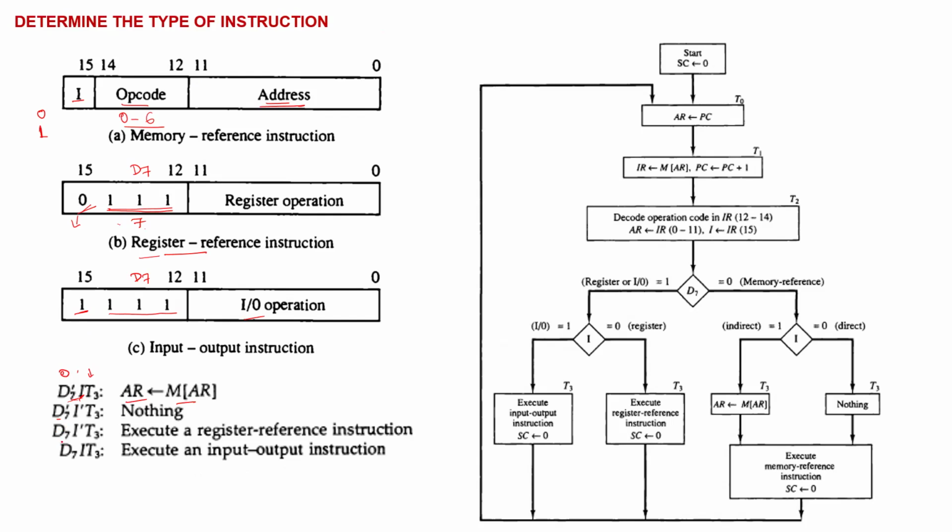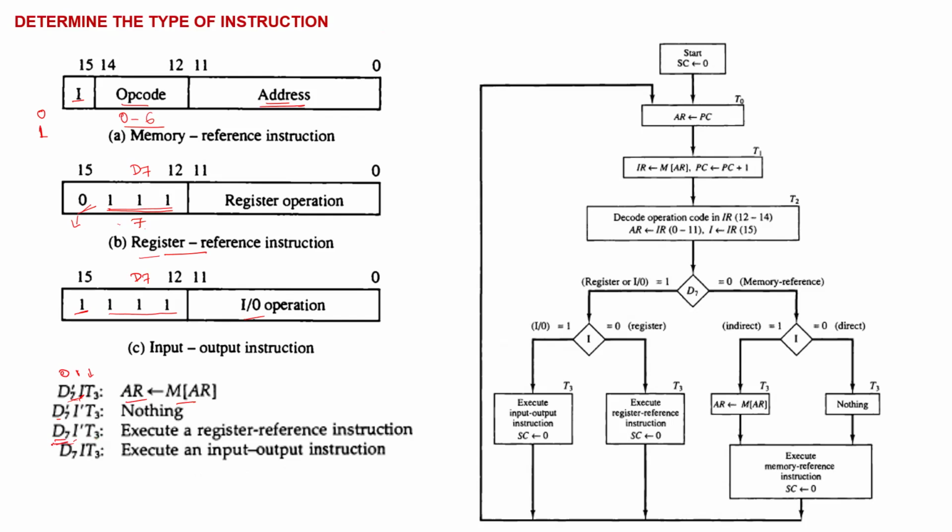Now next, D7 is 1. I dash shows 0 and I shows 1. In the previous case, if I is 1, it is indirect address, and I dash is the direct address. Here we have D7 I dash T3. D7 is 1, I dash is 0, and T3.